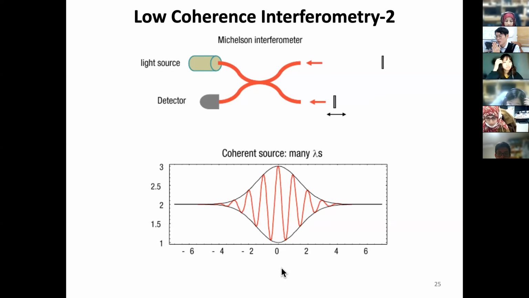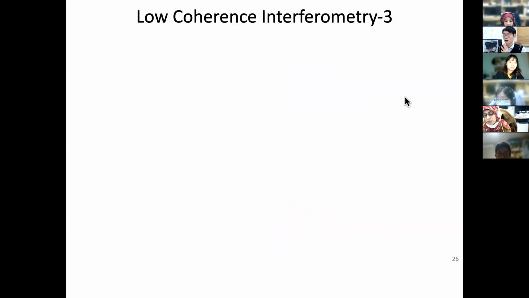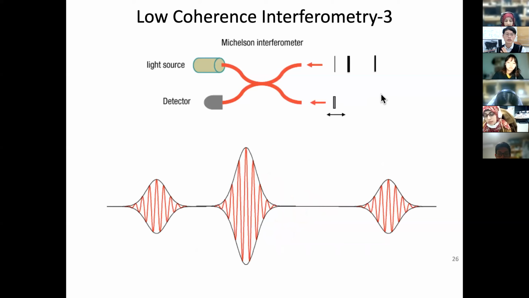And as it goes far away, the interference goes away. So this is a good way to detect a layer, the reflective structure, and its distance from the top, by moving this. This is the concept of time-domain OCT. How? Because many of our samples have layered structures, and each layer has a different reflectivity.